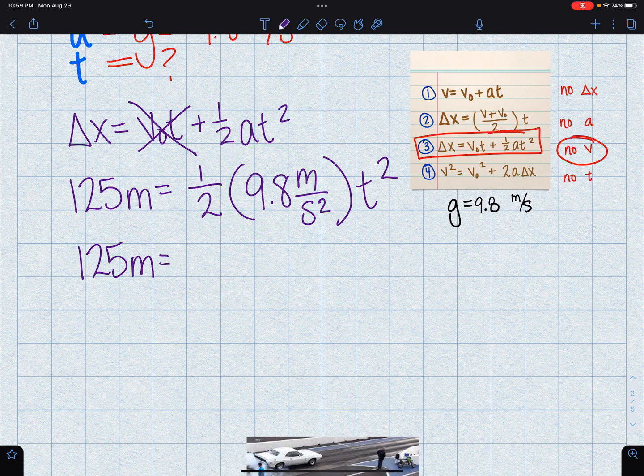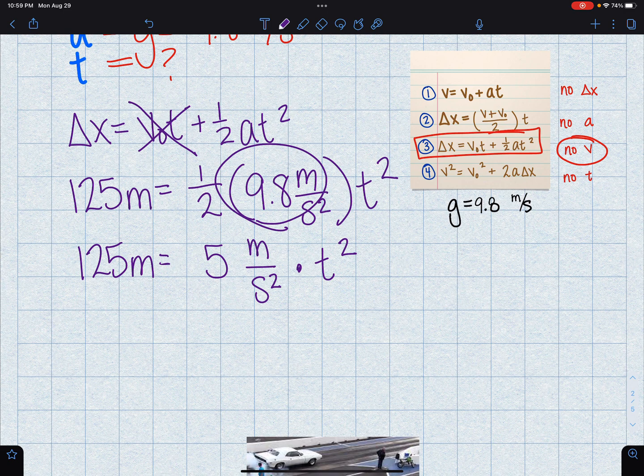So let's just do that because we're approximating. If we round this to 10, half of 10 is going to be 5 meters per second squared times time squared. Alrighty, now I want to isolate my variable.